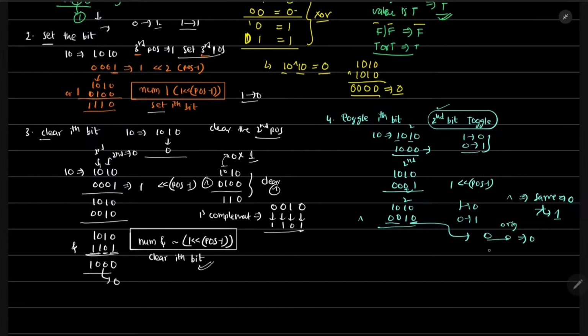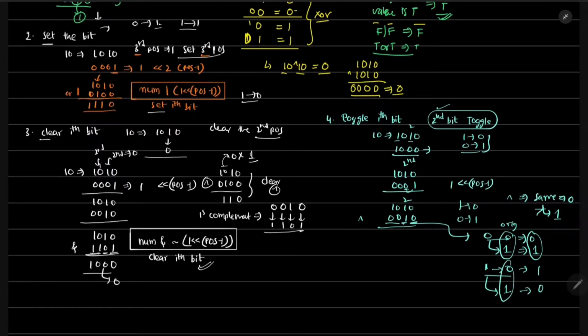And what if the original number has 1? What happens? It will convert to 1, right? So it doesn't change the original number here. What if it is 1 here, and the original number is 0? It is different, right? So it will convert to 1. What if it is 1? It is same, so it will convert to 0.